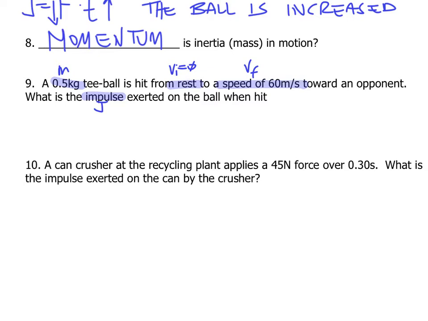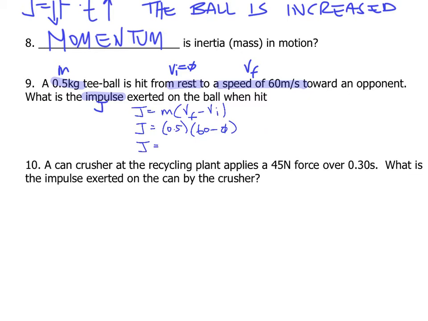So of my two impulse equations, I'm looking for the impulse equation that has mass, initial velocity, and final velocity. And that equation says impulse equals mass times final velocity minus initial velocity, where J is equal to 0.5 times 60 minus 0.